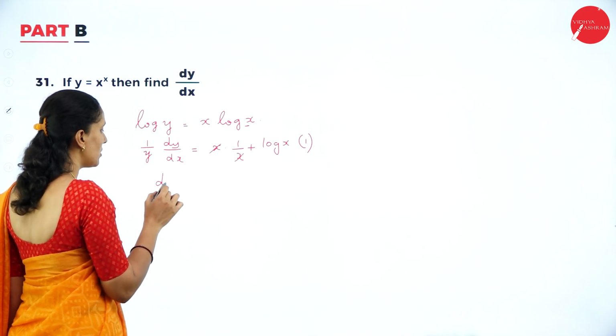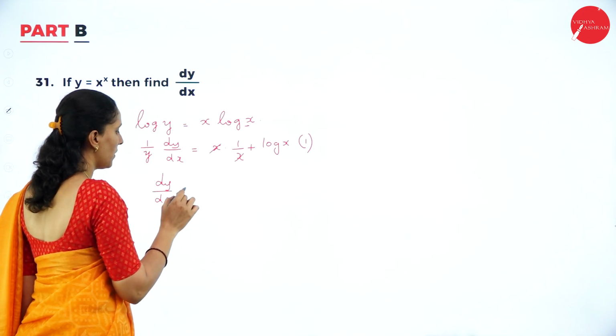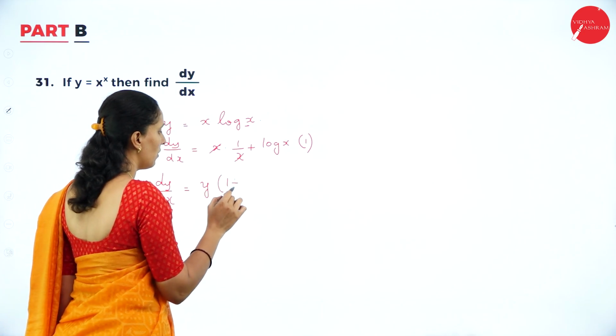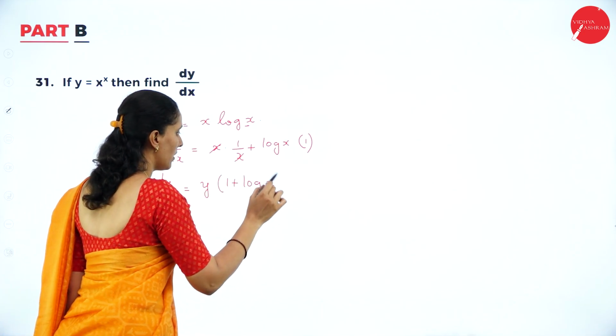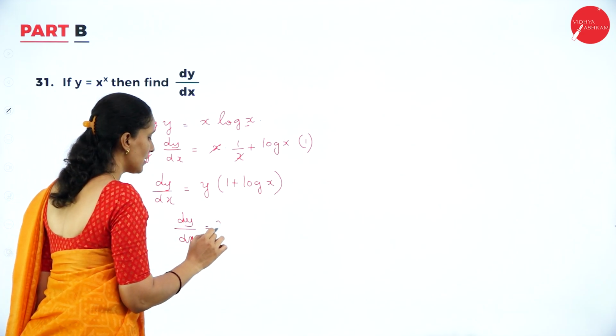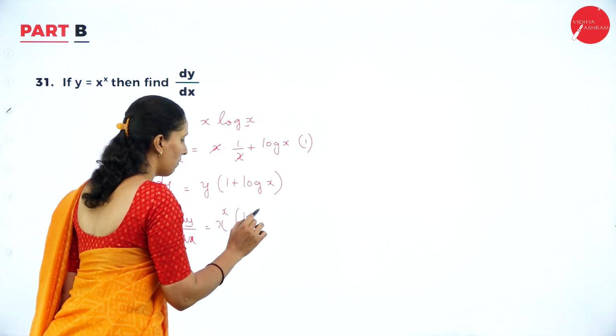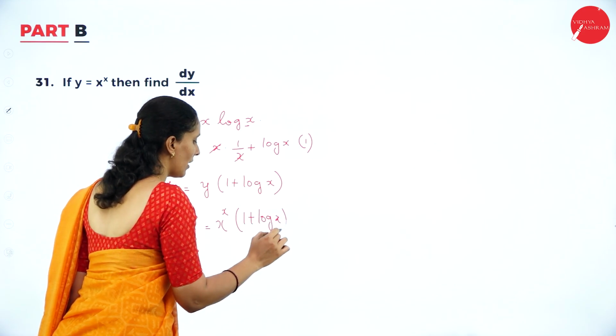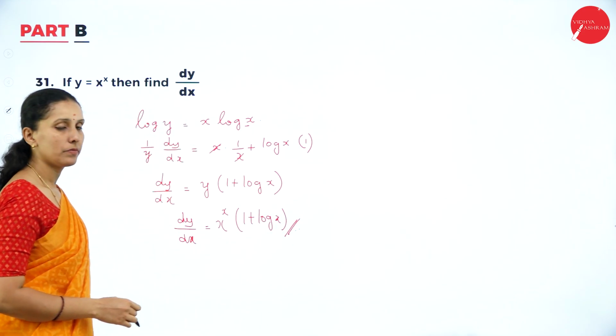So clearly we'll get dy by dx is equal to y into (1 plus log x). Replacing the value of y, we'll get the answer as x power x into (1 plus log x), which is the derivative of the given function.